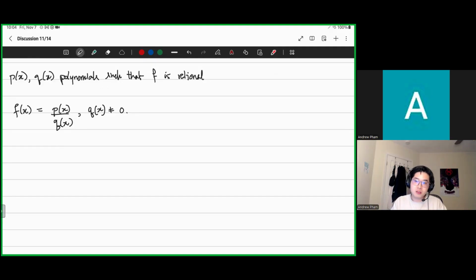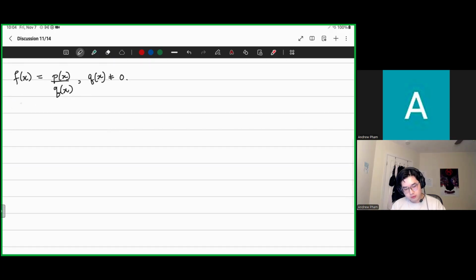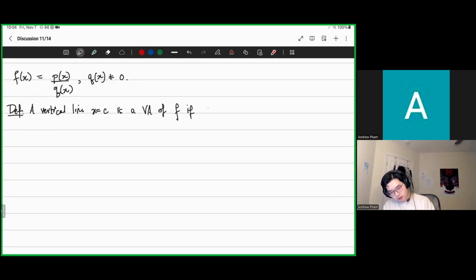So in terms of rational functions, this is where we introduce the notion of a vertical asymptote. A vertical line x equal to c is a VA of f if, as x approaches c from the left or the right, your function diverges to either plus infinity or minus infinity.